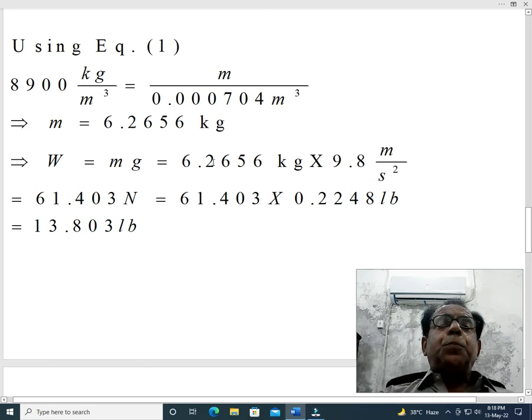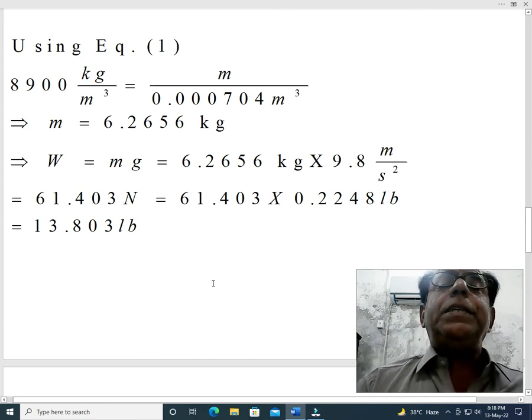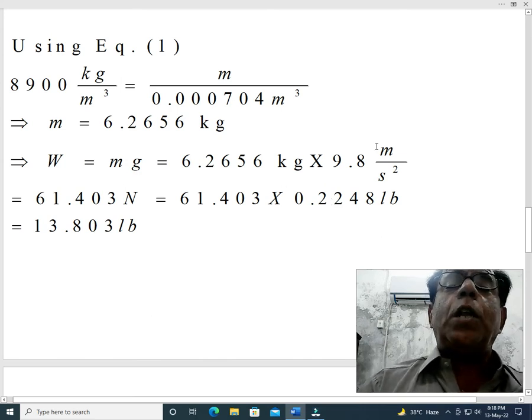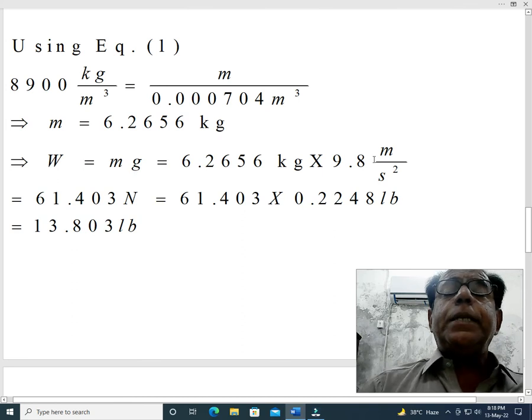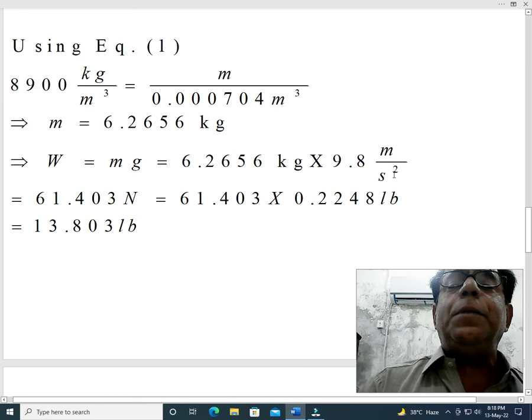Because dear students, here kilogram meter per second square is the definition of Newton. 6.2656 when multiplied with 9.8 will become 61.403, and we know that the definition of Newton is such that it involves these three units: kilogram into meter divided by second square.